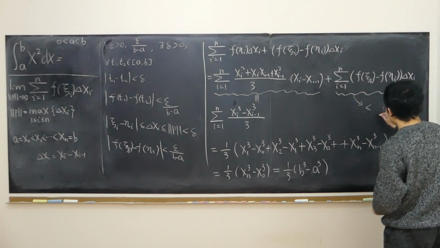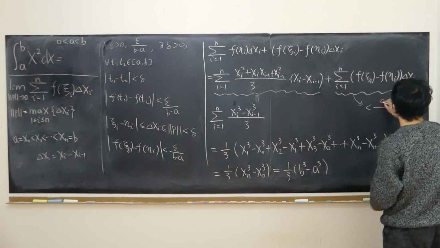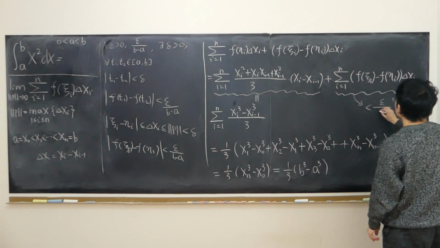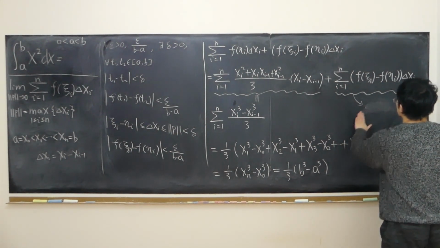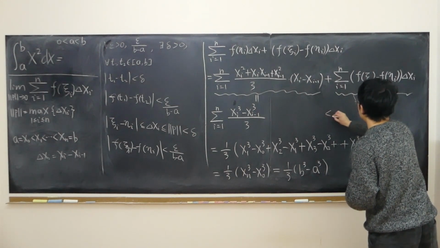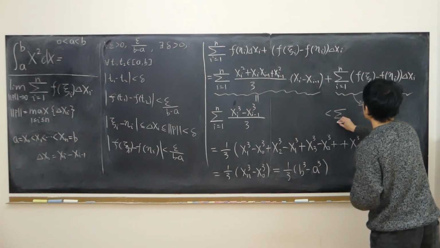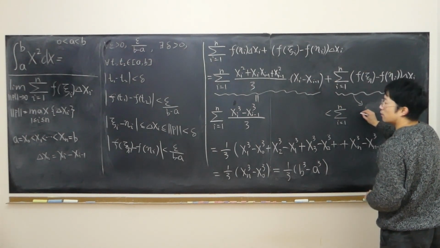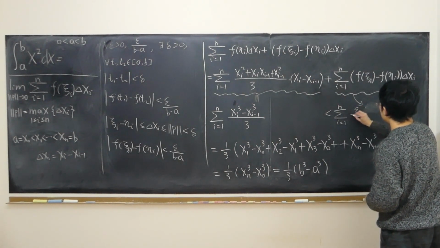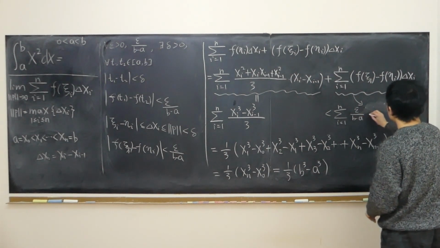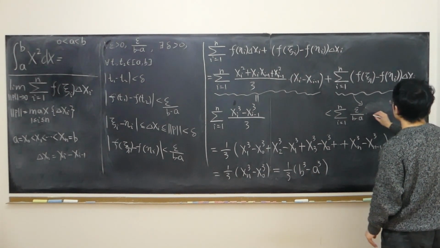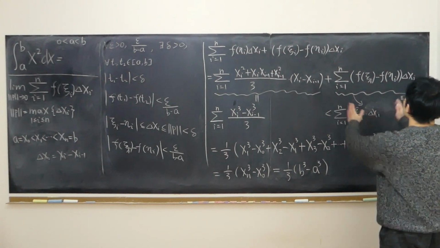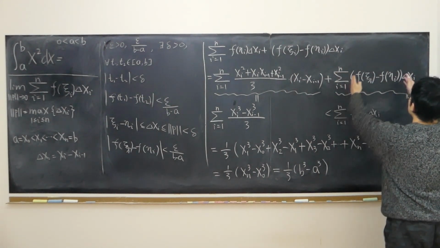So already smaller than the sum over I from 1 to n of epsilon over b minus a times, don't forget there is a delta xi, right? So take the absolute value inside.